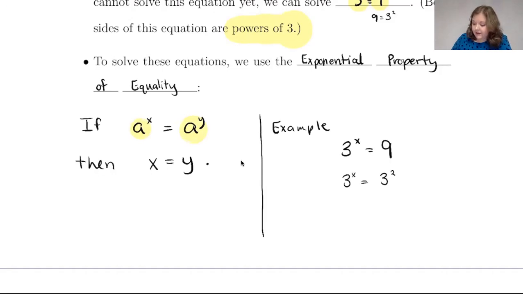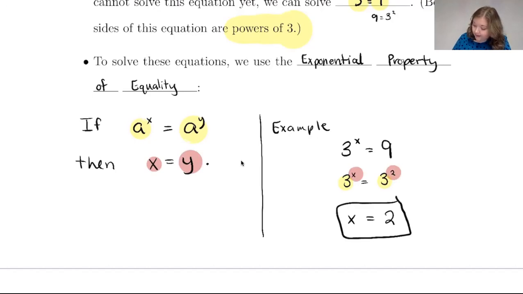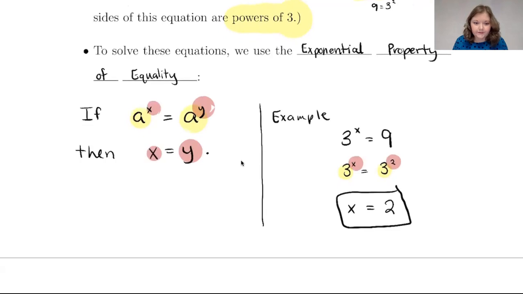So now we have the same base, like our a would be 3. And so in that case, we set the exponents, x and 2, equal to each other. So we'll have x equals 2 as the answer. And so that's how we'll be working all the equations in this section.